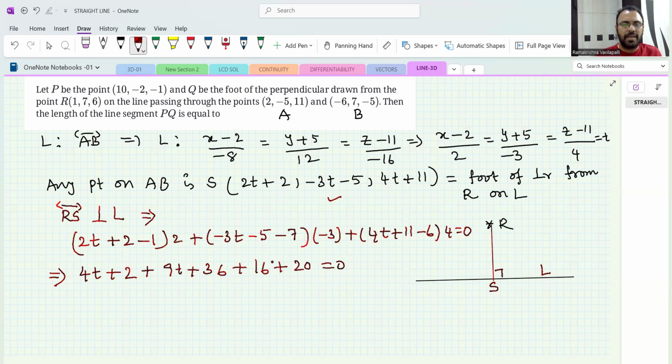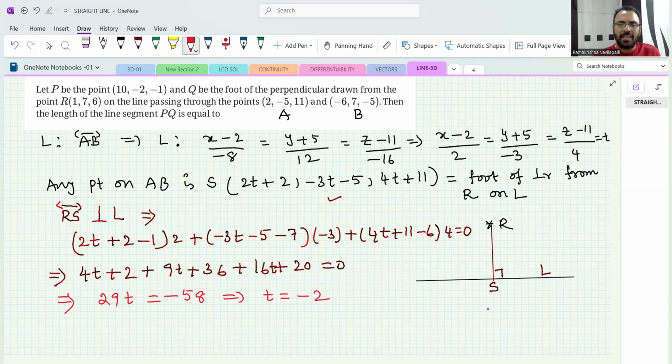I forgot to write here, that is 16t. How many t's do we have? 16 plus 9, 25 plus 4, 29t is equal to 56 plus 2, 58, minus 58. So we got that t is equal to minus 2.